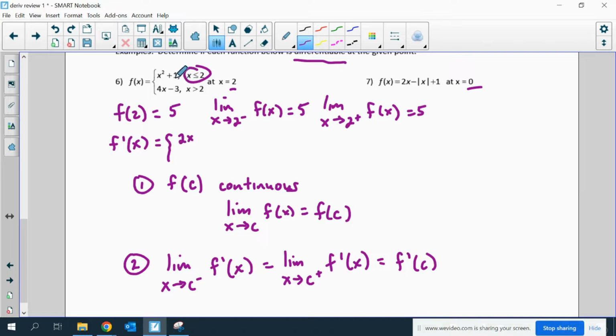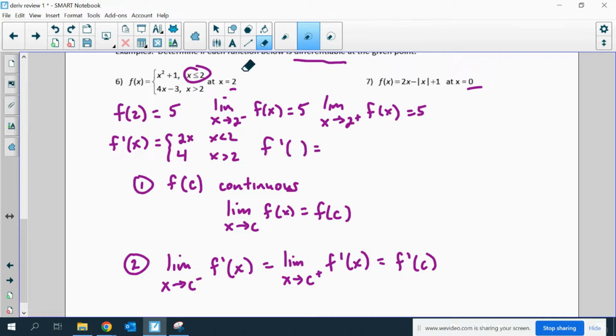The derivative is 2x from the left and 4 from the right. If I plug in 2, I get 4 from the left and the right. And I'm not going to use limit notation just to save time, but all of them are going to work, so the derivative is 4 in this spot. Therefore, the function is differentiable at the value x equals 2.